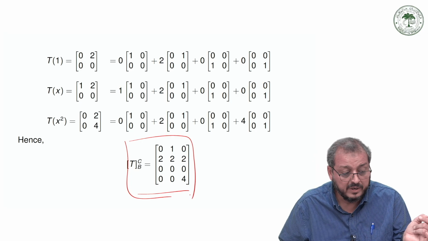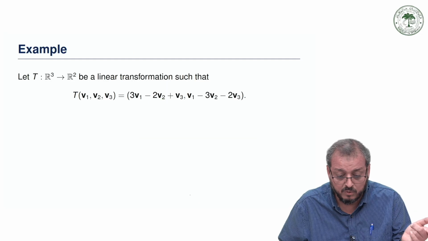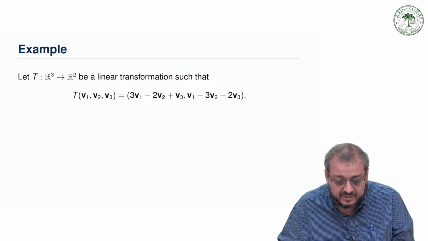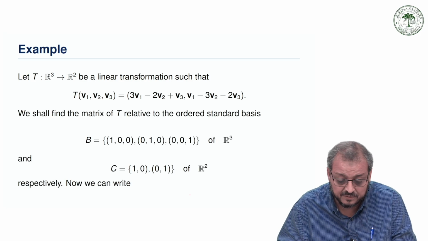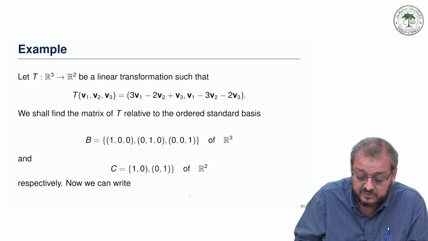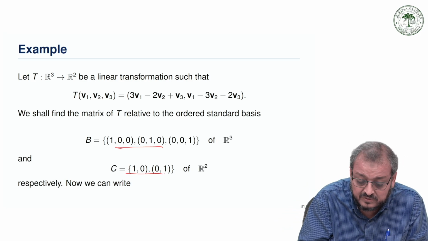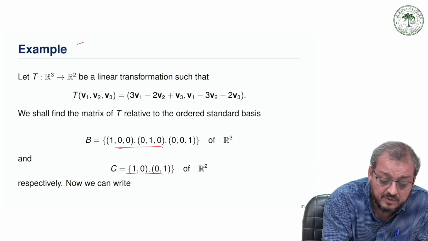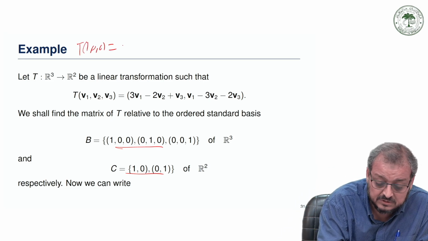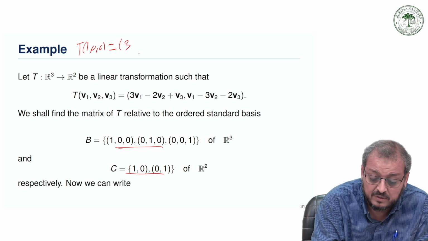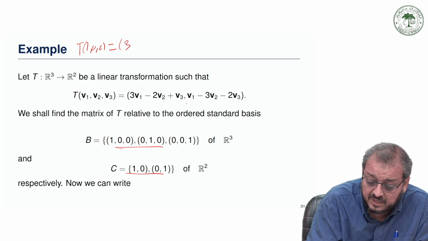Okay, so now I will try one more example. I take a linear transformation of this form, and I take two different types of basis. First I take the standard basis, which is very trivial. T of 1 0 0 is equal to 3 and 3 1.